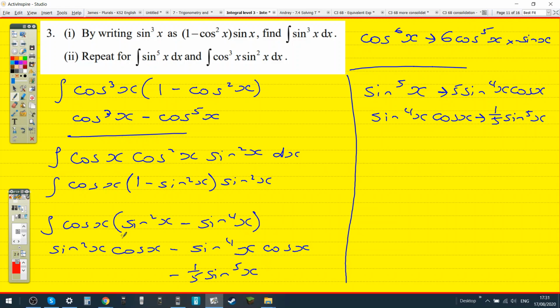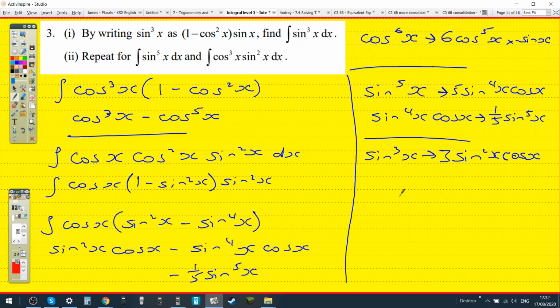Can we do something similar for this one? Yeah, there should be maybe sine to the 3x. Differentiate into something similar. So it'll be 3 sine squared x times cos x, positive cos x, I think. Okay.